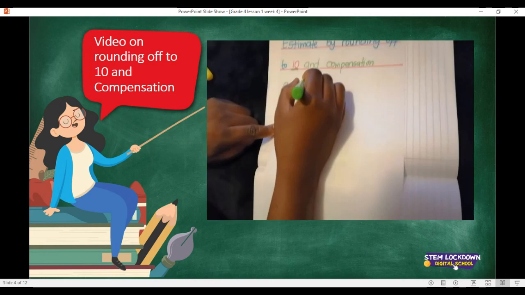Once you have rounded off one number, you take the rounded off answer and add it to the one that we did not round off. So we say 20 plus 12. The other reason why we round off, why we estimate, is that after we've rounded off, it becomes easier for us to add.